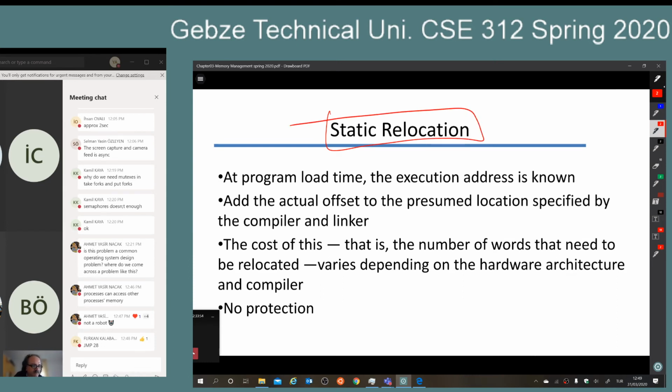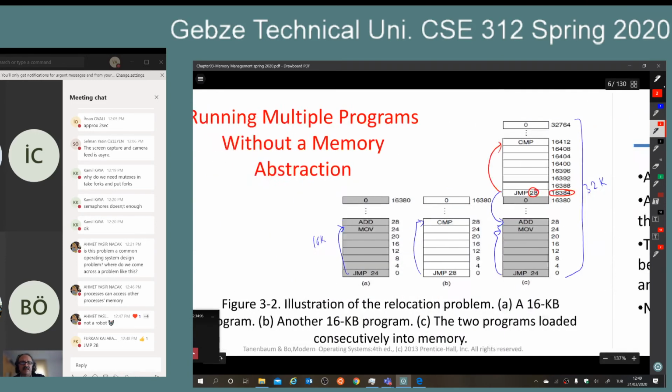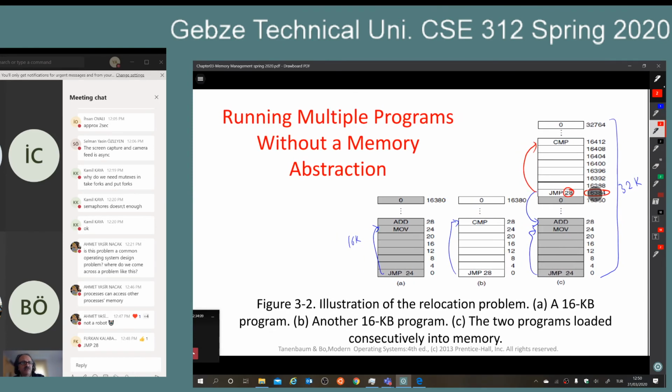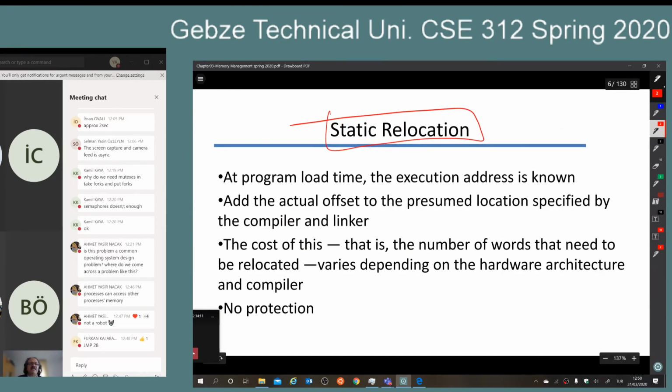Static relocation: at program load time, the execution address is known. Add the actual offset of the presumed location specified by the compiler and linker. I know the location of the program, and my compilers and linkers tell me the memory positions where the absolute addresses are, so in the end you add the offset to all of these.